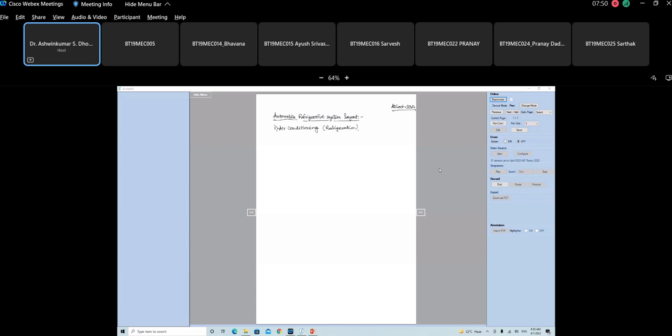So here we got to have... so this is the evaporator, which is having the low pressure.